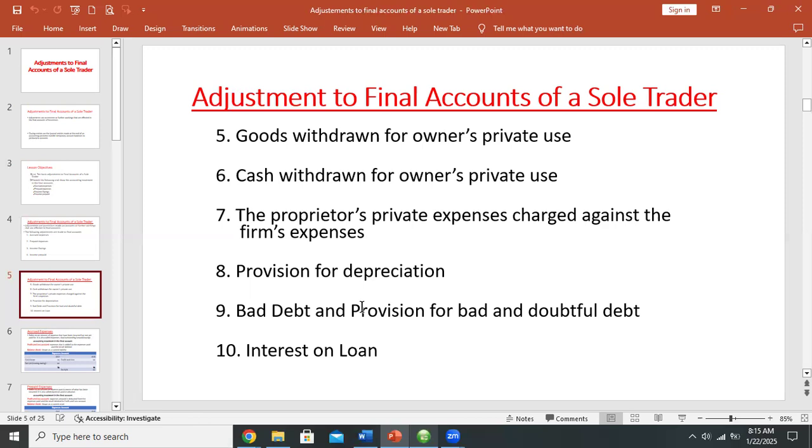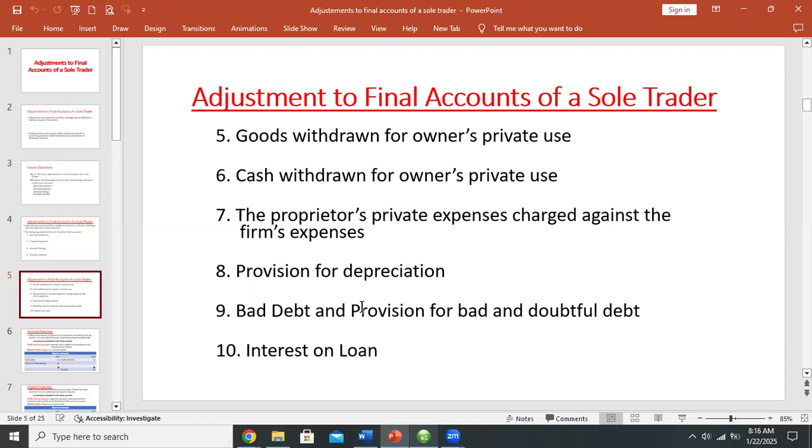So these 10 adjustments make us appreciate that for a sole proprietor, these are some of the major adjustments that are effected in the final account. There are several adjustments, but these are the 10 we'll be looking at for the purposes of our discussion.